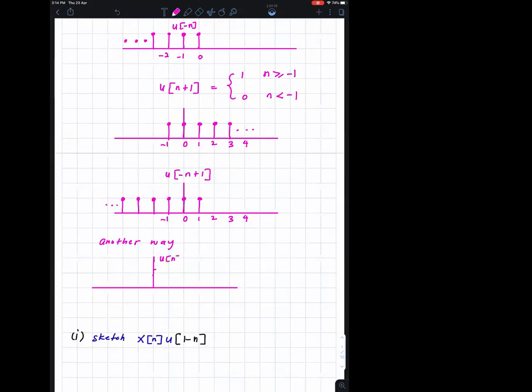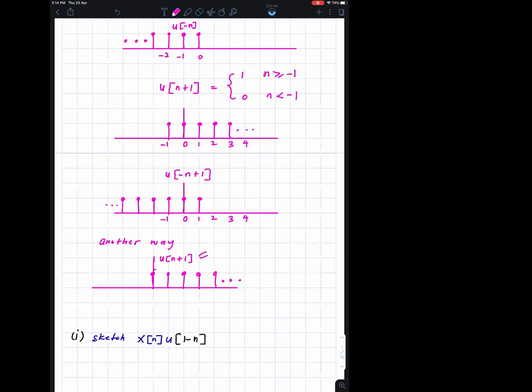Another way: if this is the u[n], say for example, this is u[n], then u[n plus 1] will result in the signal moving one step to the left, correct?